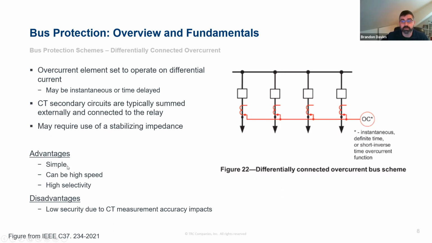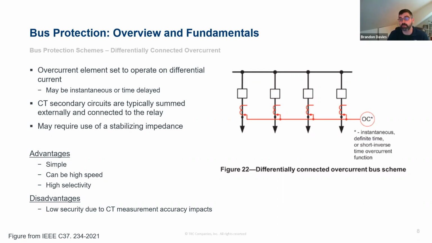It's generally pretty simple. The premise is that if the differential current goes above a certain level, you trip, which is very straightforward and simple. It can be high speed. If you use instantaneous protection on there, your overcurrent elements don't take a long time to assert.